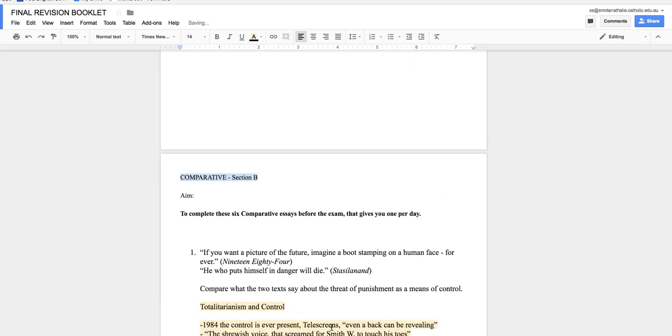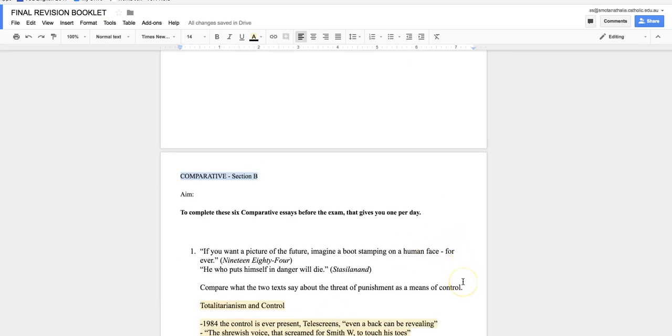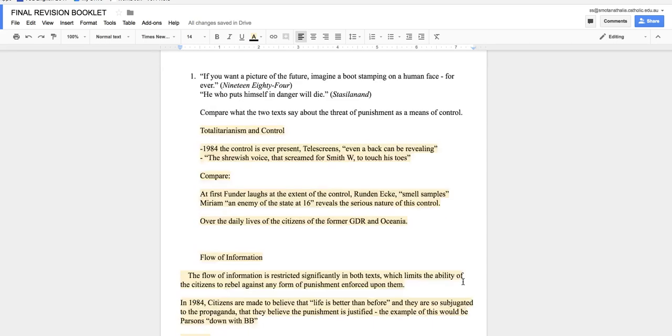And I've said it doesn't exist anymore. Let's go back. Compare what the two texts say about punishment as a means of control. Punishment and trust. Where was I going with that?